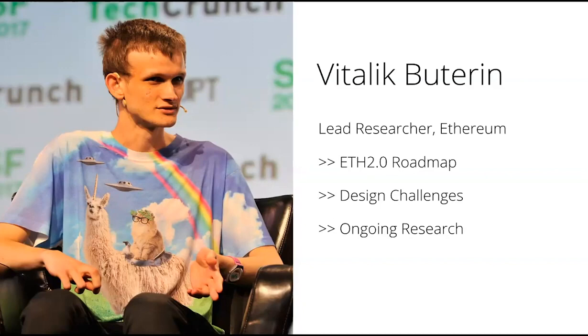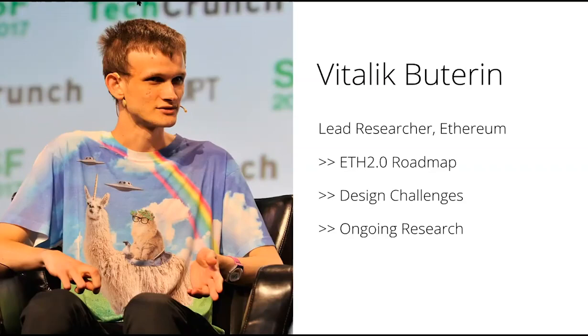So I guess I'll start off by giving a general overview of what Ethereum 2.0 is and where we're at right now progress-wise. The basic idea is that it's a major upgrade to Ethereum whose two flagship features are, number one, Casper, a proof-of-stake algorithm intended to replace the current proof-of-work mechanism.